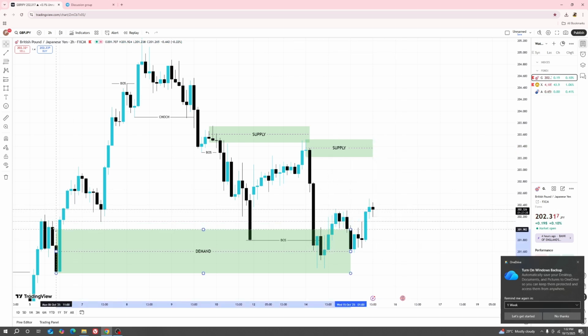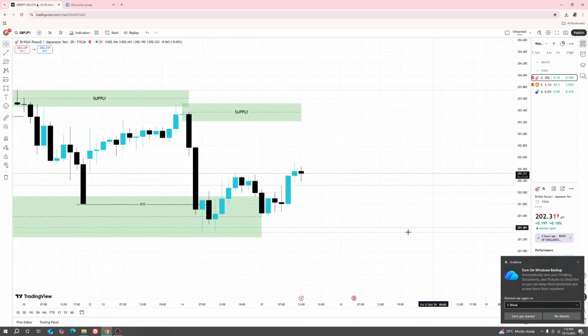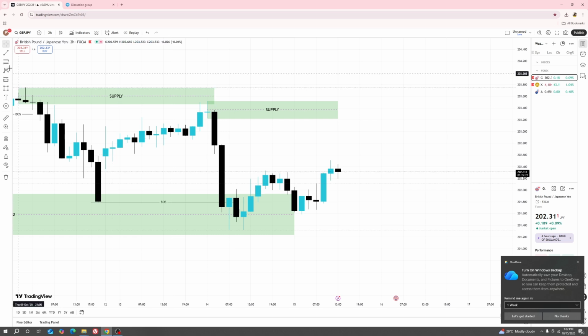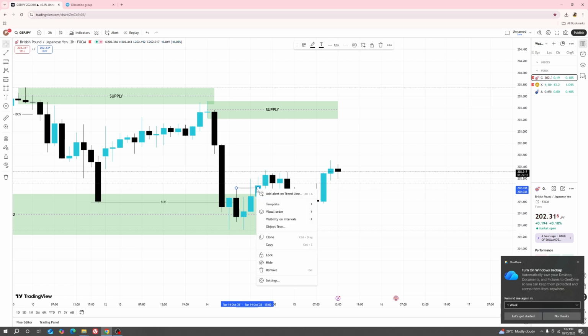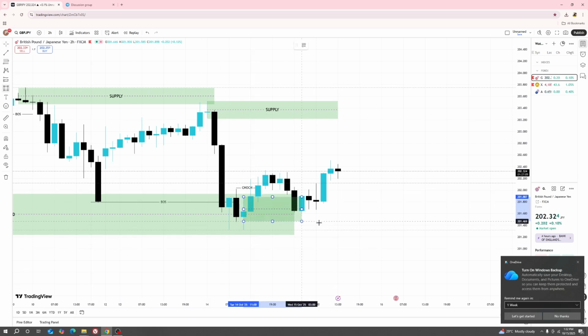We can also refine the 4H order block here. You can also see that price has caused a change of character, and this was the demand level that caused the change of character.